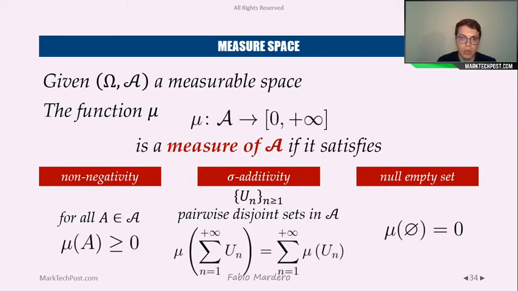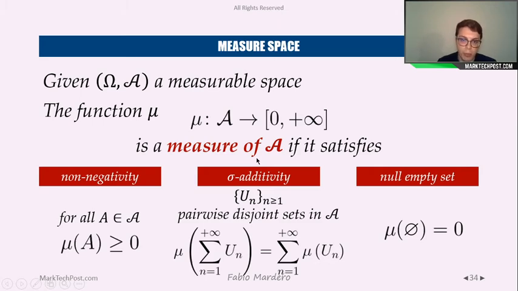But we always have to define where to start to measure. So we start from the null element, which has measure 0, and then we say that all the other sets will have a measure equal or greater than 0. It could also be plus infinity. There's nothing wrong with that. It's in the definition of mu. Here we are taking plus infinity as a possible value of a measure.